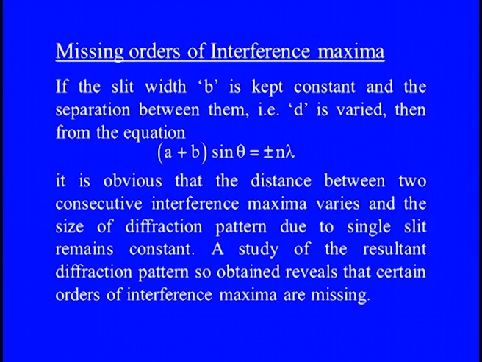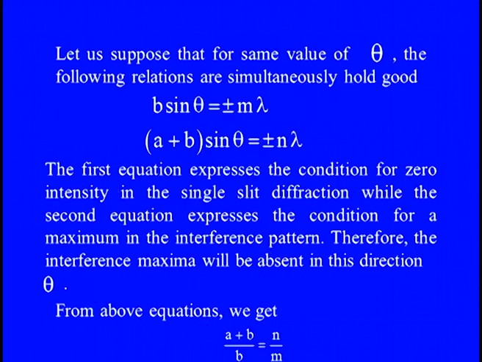A study of the resultant diffraction pattern so obtained reveals that certain orders of interference maxima are missing. Let us suppose that for the same value of theta, the following relations simultaneously hold good. b sin theta is equal to plus or minus m lambda and (a plus b) sin theta is equal to plus or minus n lambda.